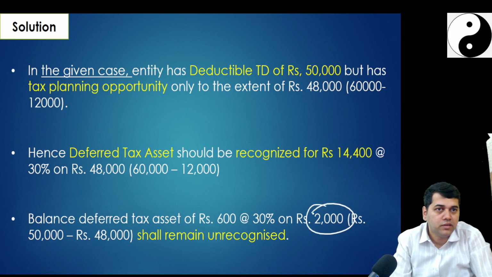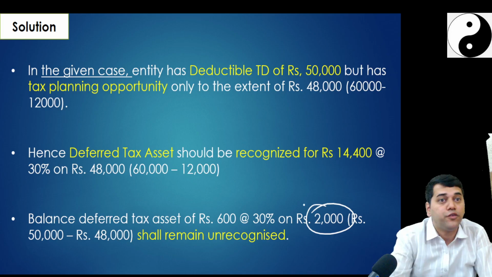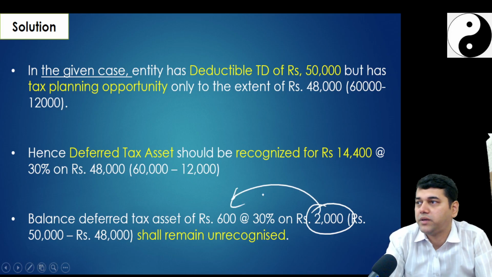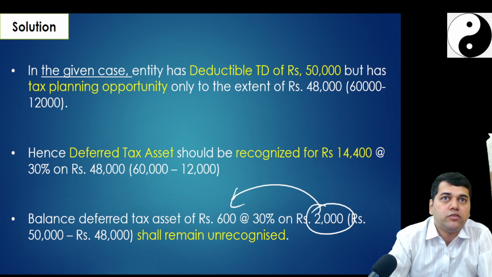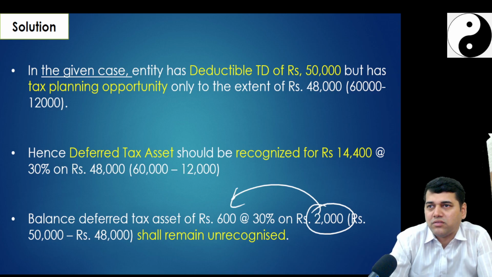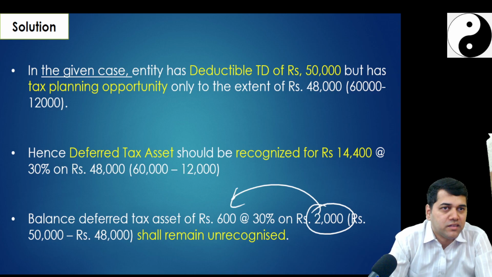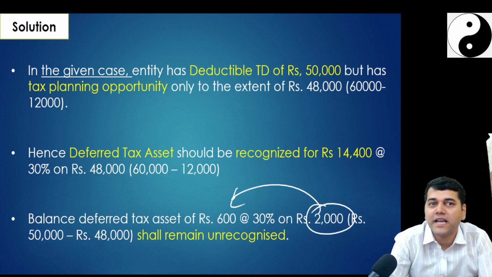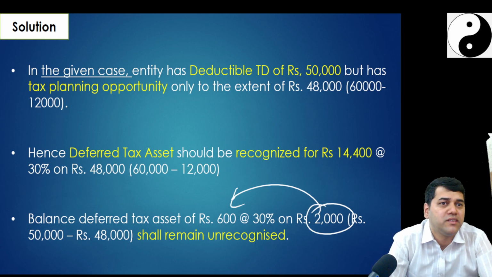If you get a benefit next year, what accounting entry do you pass? You pass an entry: asset account debit to income. Even if you don't pass it, it is fine. The standard says fine. Why? If you pass it, one day you will reverse it because you didn't have a profit in the future. So why are you passing it?